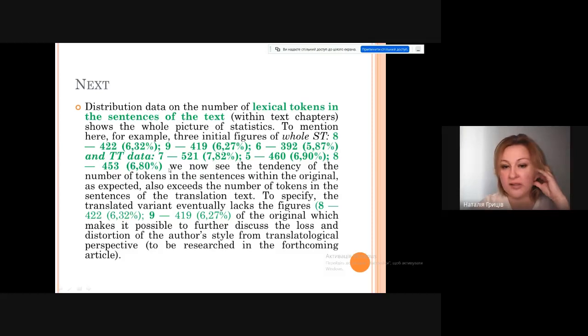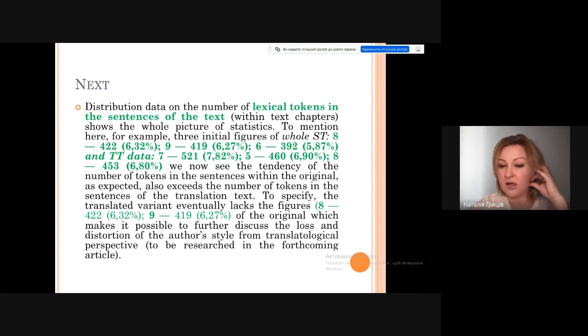As we now may see, the tendency of the number of tokens in the sentences within the original, as expected, also exceeds the number of tokens in the sentences of the translation text. To specify, the translated variant eventually lacks the figure 8 and 9 altogether of the original, which makes it possible to further discuss the loss and distortion of the author's style from a translatological perspective, to be researched in the forthcoming articles.